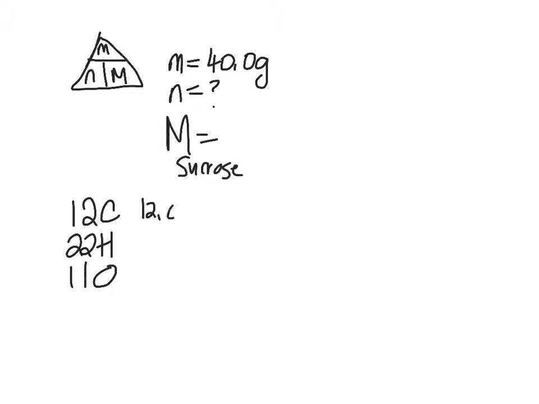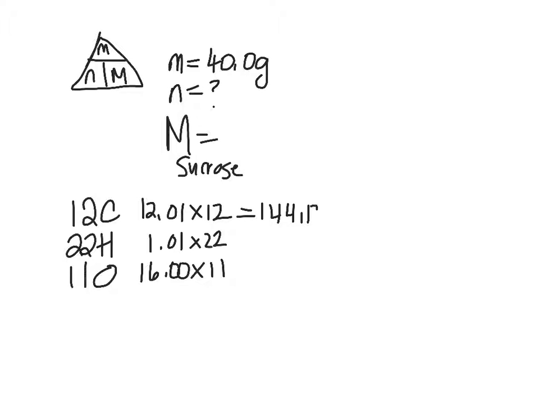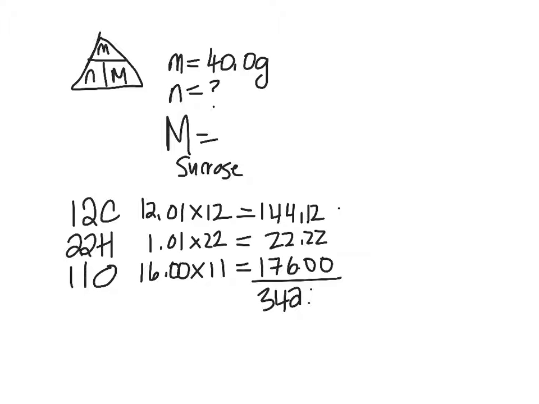So 12.01 times 12, 1.01 times 22, and 16.00 times 11. So it's 342.34 grams per mole.